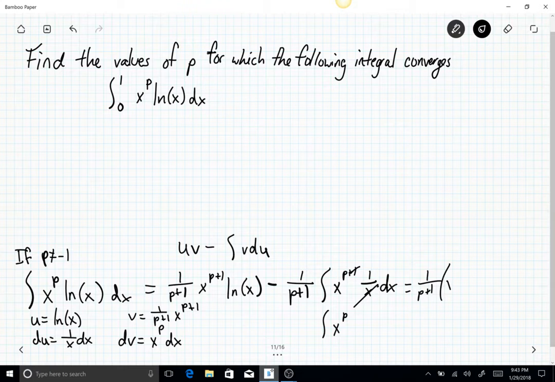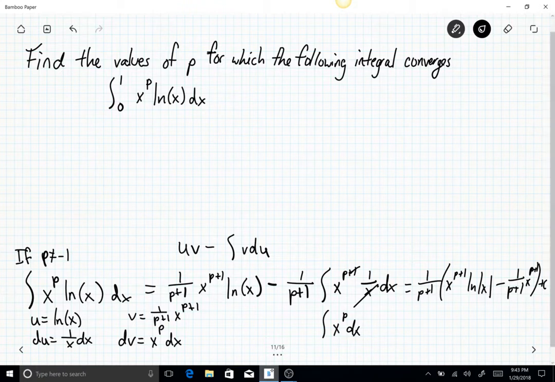So we have x to the p plus 1 natural log of x, minus, and we already know that antiderivative because we already had the dv there, so minus another 1 over p plus 1, x to the p plus 1. And I'll put a plus c in there. Okay? So hopefully that made sense on that part.